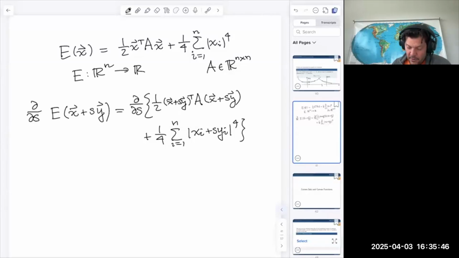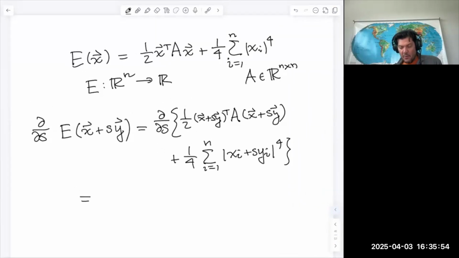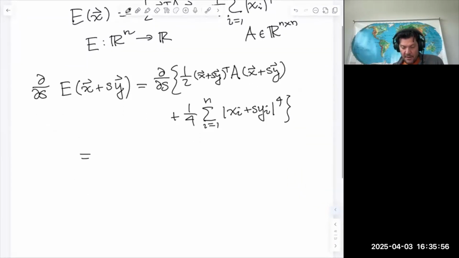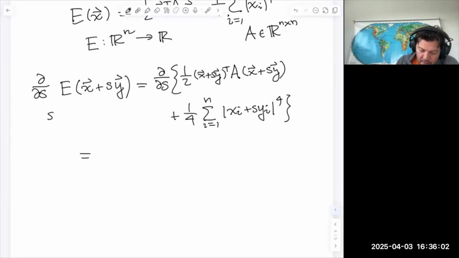All good so far, right? The next thing we want to do is calculate this derivative. Now, s is just an element in R, so the derivative is just the ordinary derivative.